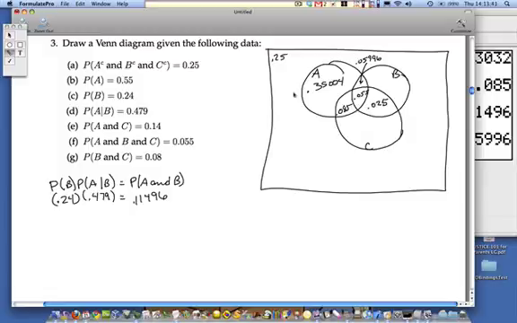Add these up, subtract it from 0.24, and what's left over is 0.10004. Okay, now all of these together have to add up to 1, right? We're just missing this. So if we add all these up and subtract it from 1, we find out the missing piece down here is 0.07496. And there's your Venn diagram.